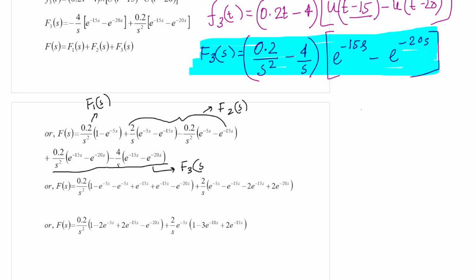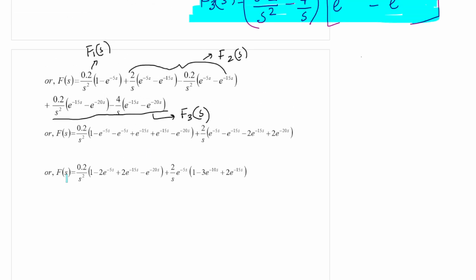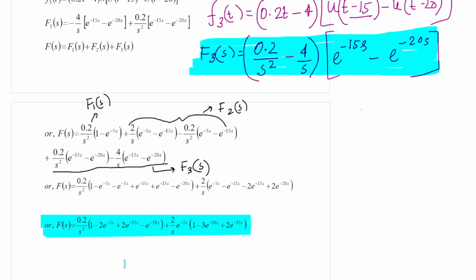So if you add and simplify, you should get the Laplace transform. The Laplace transform of this waveform is represented by this function. So this is the Laplace transform of the entire waveform.